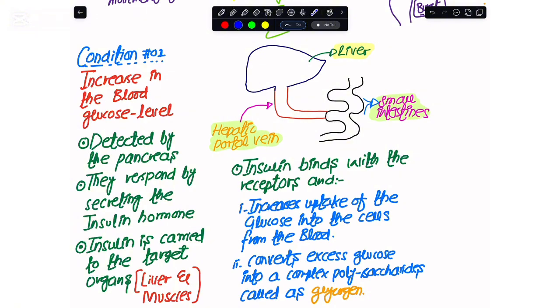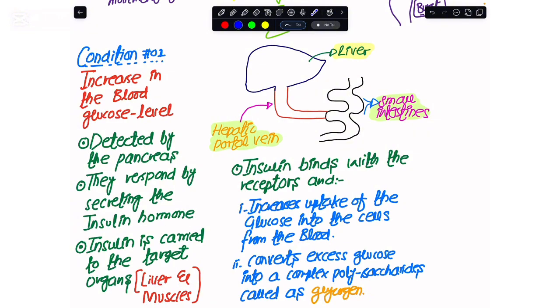When the blood glucose level is raised, this is detected by the pancreas, which starts secreting the insulin hormone. Insulin comes into the blood plasma, and from there it goes toward its target organs, among them the liver and the muscles.